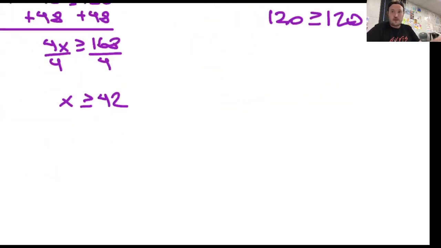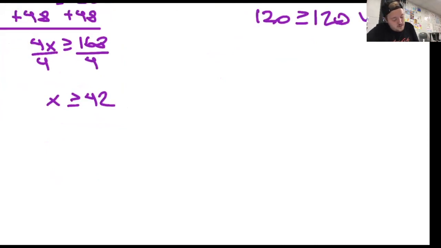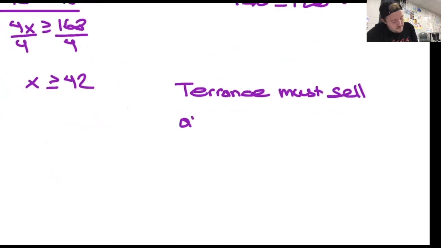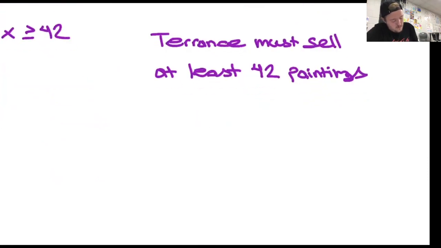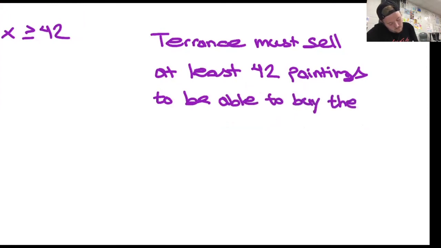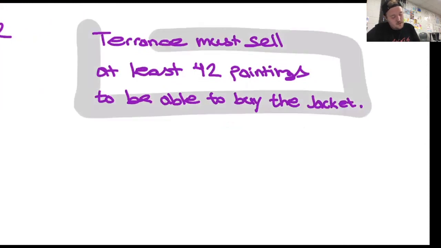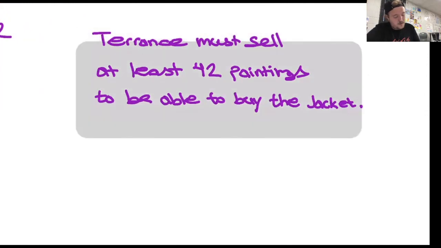All right, so now we got to translate it from math back to English. So what this means is, Terrence must sell at least 42 paintings in order to be able to buy the jackets.